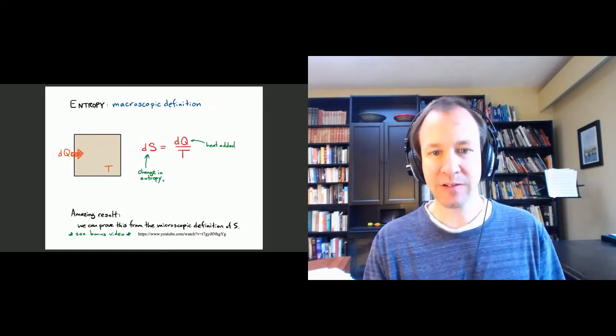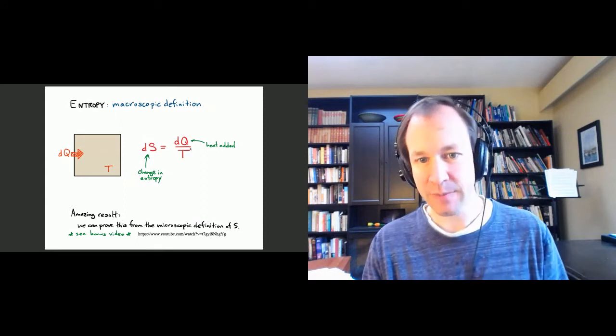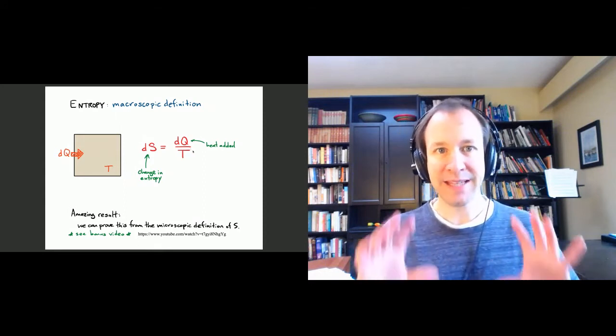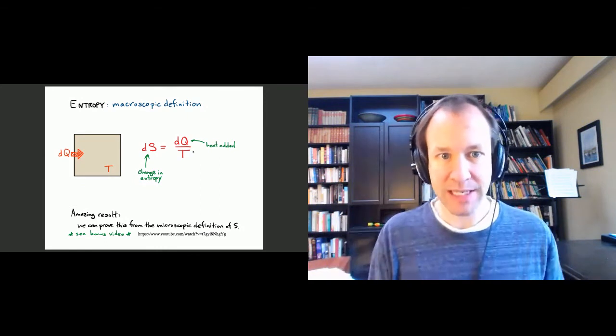So there's a basic relation that the change in entropy is equal to the heat added divided by the temperature. And that's going to be our central formula for calculating entropy changes in thermodynamic processes.